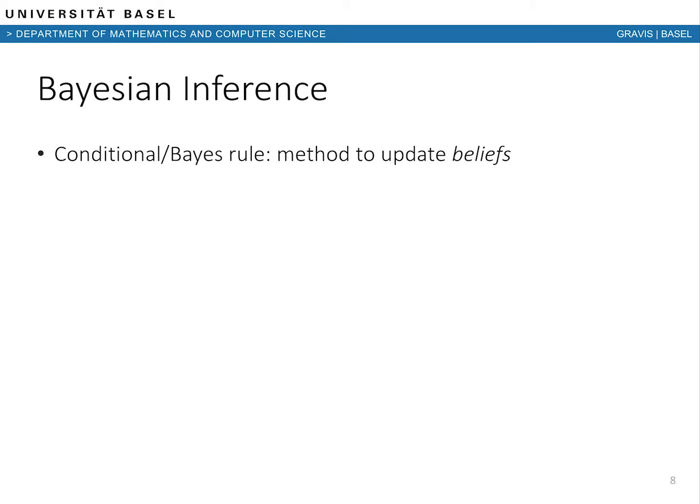Bayesian inference is the formal rule to update our beliefs. And we do so using just Bayes' rule, as introduced above. This also works for uncertain observations, provided that I use the proper likelihood here.